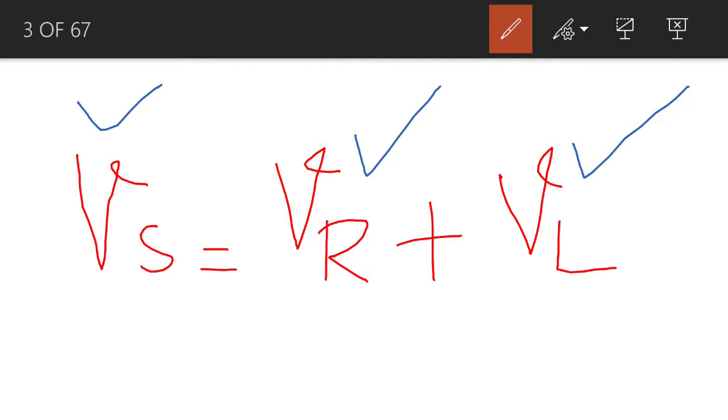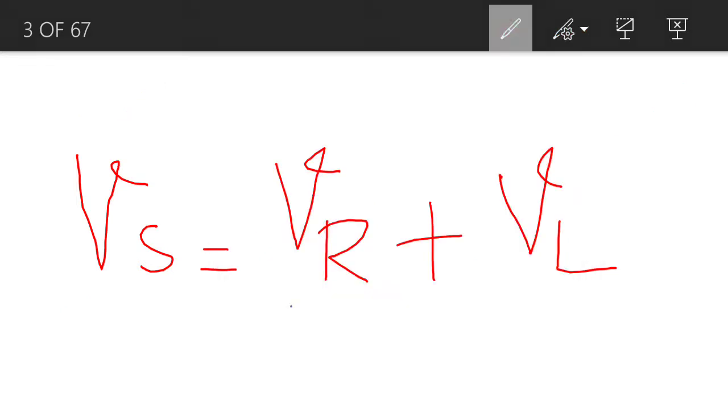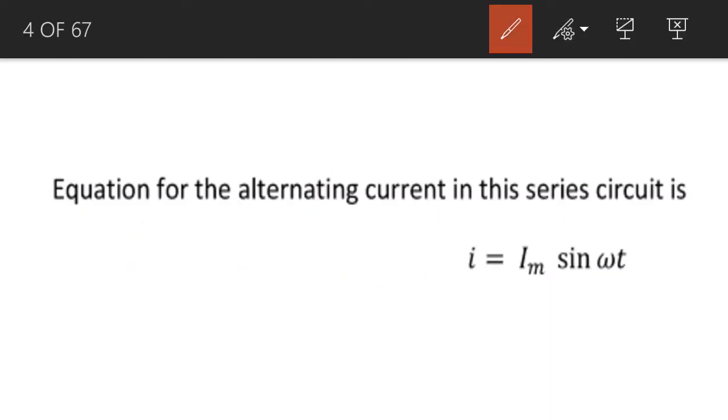So we assume that the equation for the current in this series circuit is known, and we are going to find out the equation for the AC voltage across the resistor, the AC voltage across the inductor and the AC voltage across the source. The time varying equation for the alternating current in this series circuit is given by this equation.